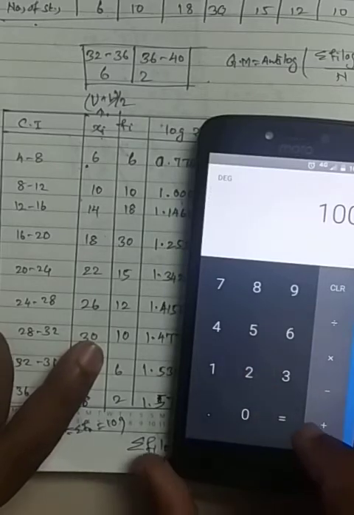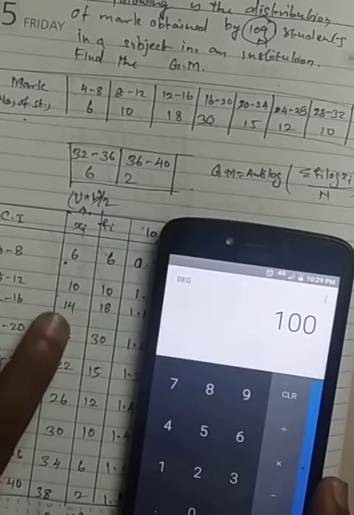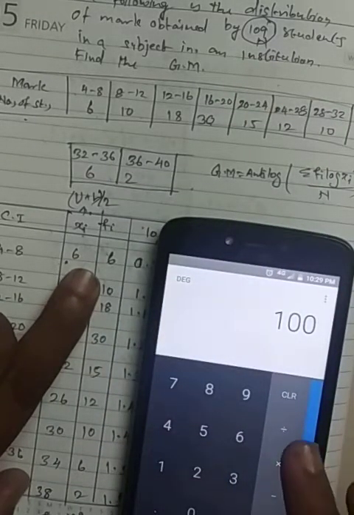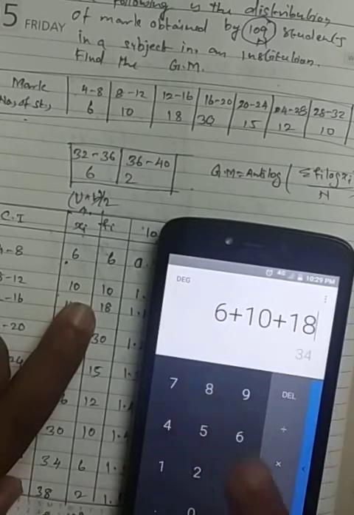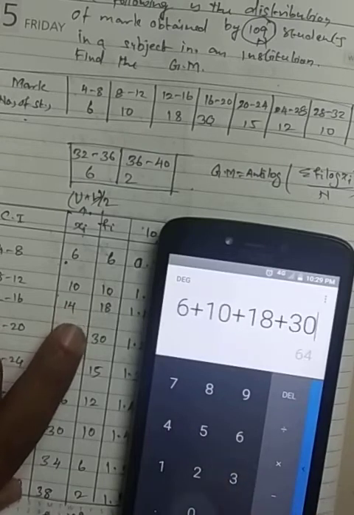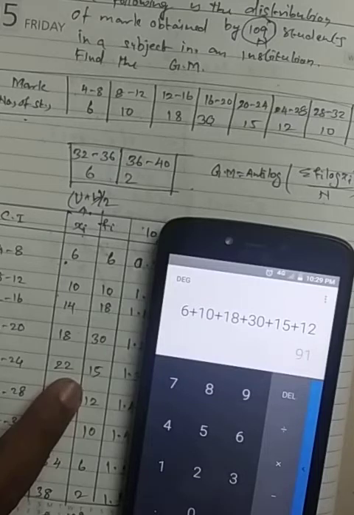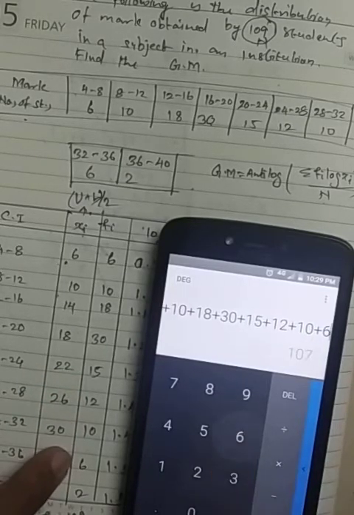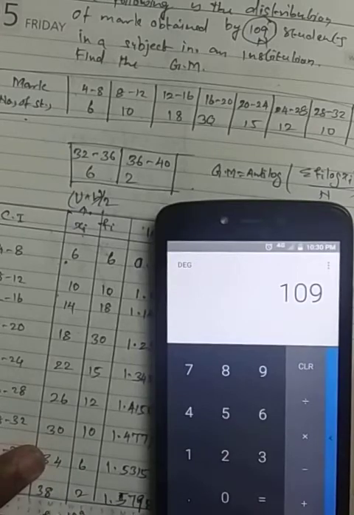Somewhere I may have missed. Just a minute, I will check. Here 109 is given, so we will check the data, because sometimes it may be wrong. 6 plus 10 plus 18 plus 30 plus 15 plus 12 plus 10 plus 6 plus 2. The answer is coming exactly 109. So what they have given is correct.